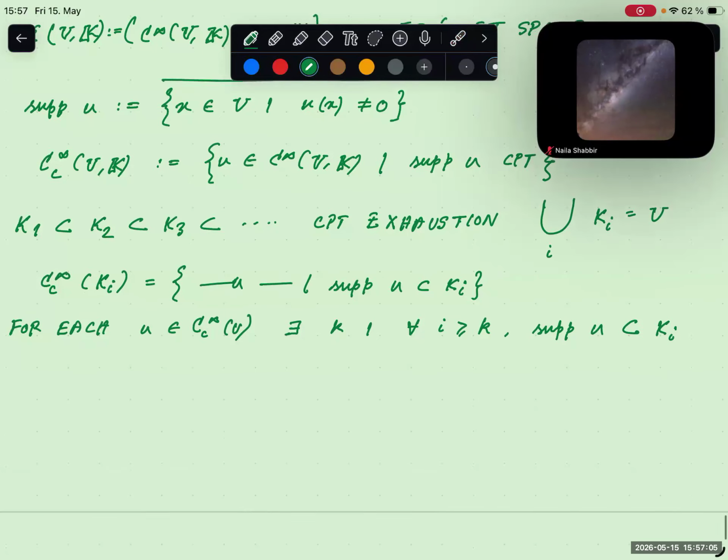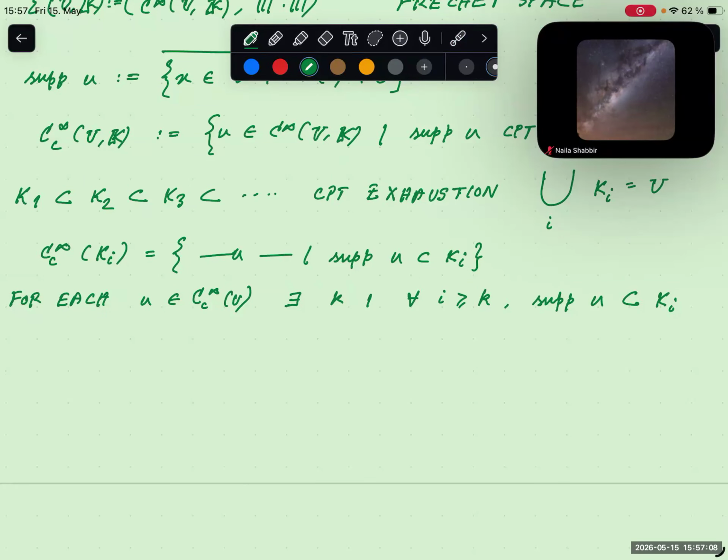So this is something called a directed system of compactly supported functions over A_1, and then compactly supported over A_2. Okay, so we kind of try to imitate the set structure at the level of functional space.